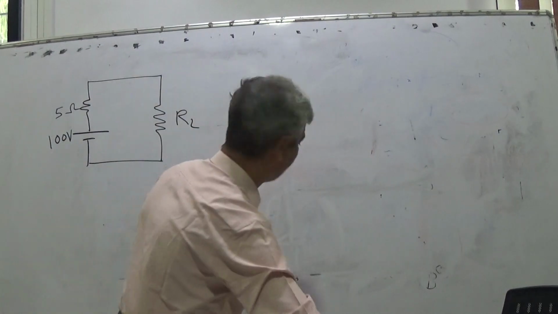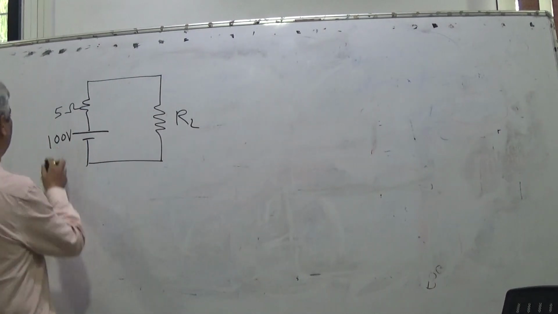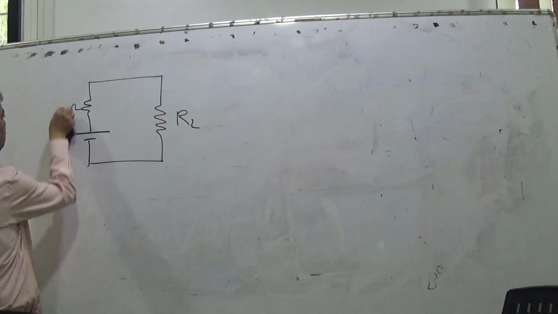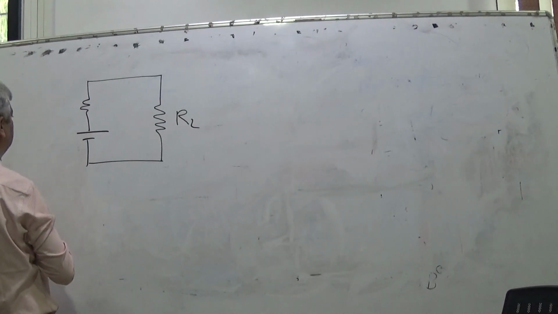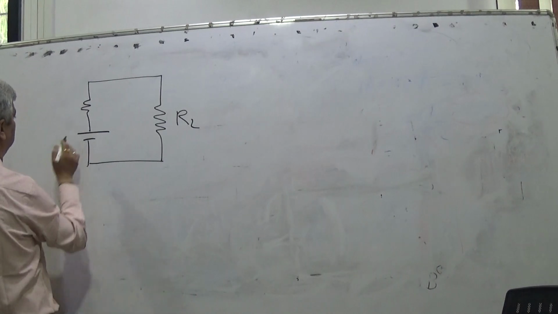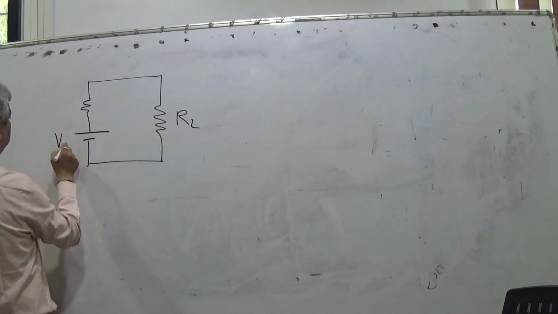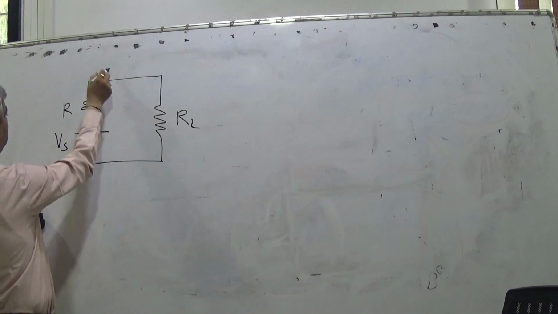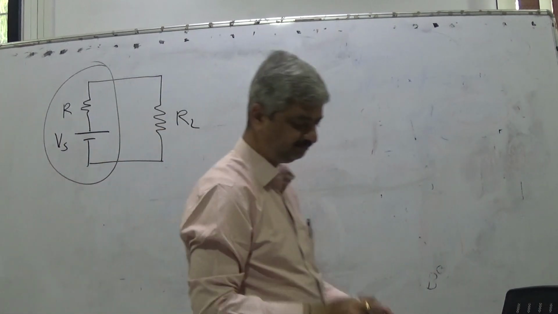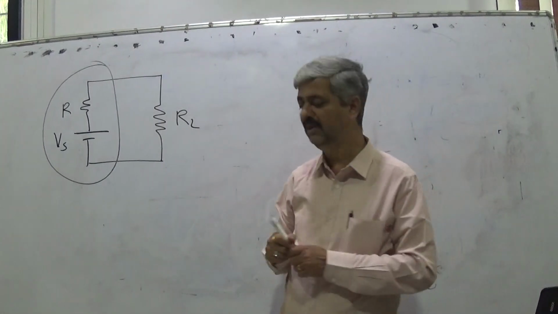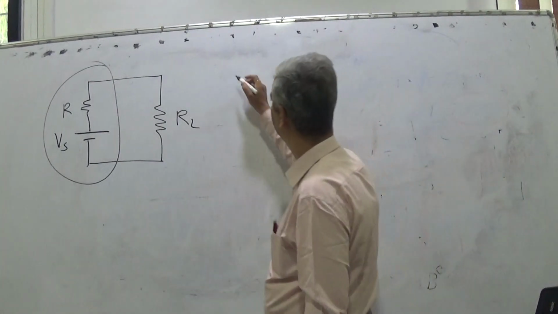Rather than deriving for a given set of values, we can make it variable, where Vs is the voltage source and Rs is the internal resistance. It is the source and it is the load. So what would the expression be now?